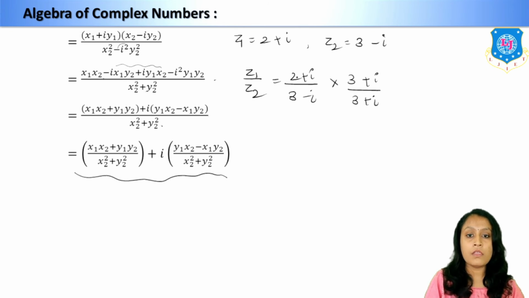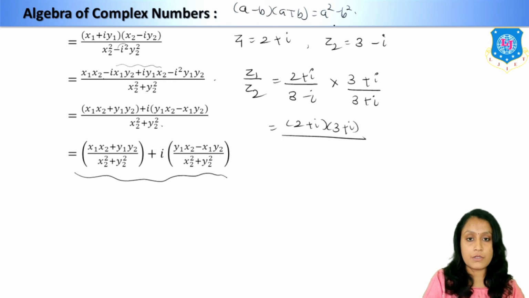So in the numerator, simply we have to multiply these two terms, and in the denominator we have to use the a minus b into a plus b formula, that is a square minus b square. So here you will get 3 square minus here i square.